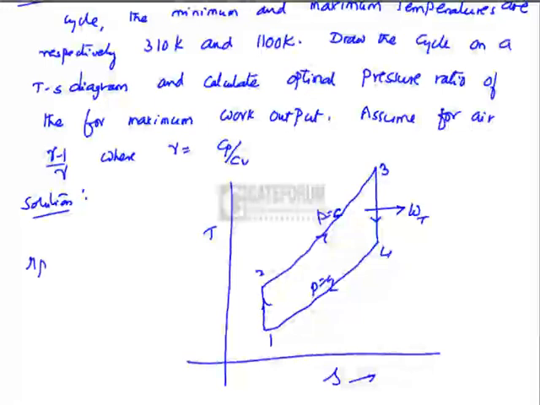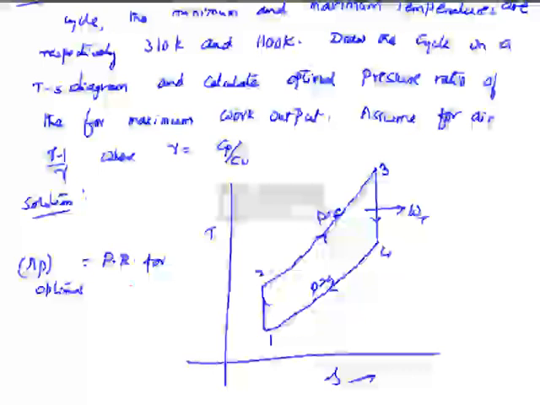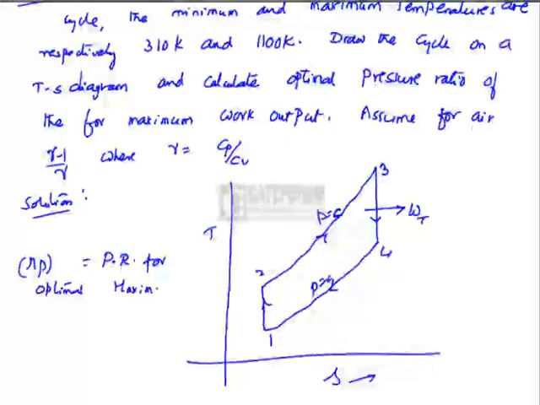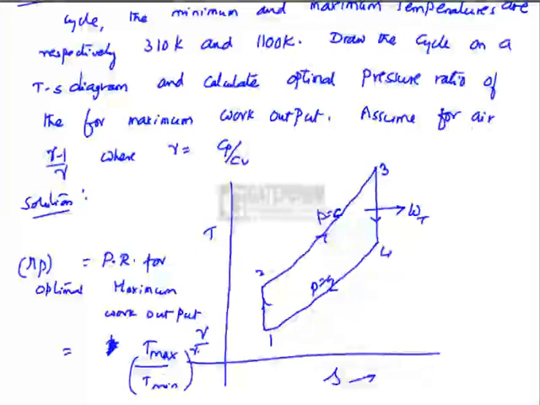The RP optimal, that is the pressure ratio for maximum work output, is given as (T max by T minimum) to the power of gamma by (2 into gamma minus 1).